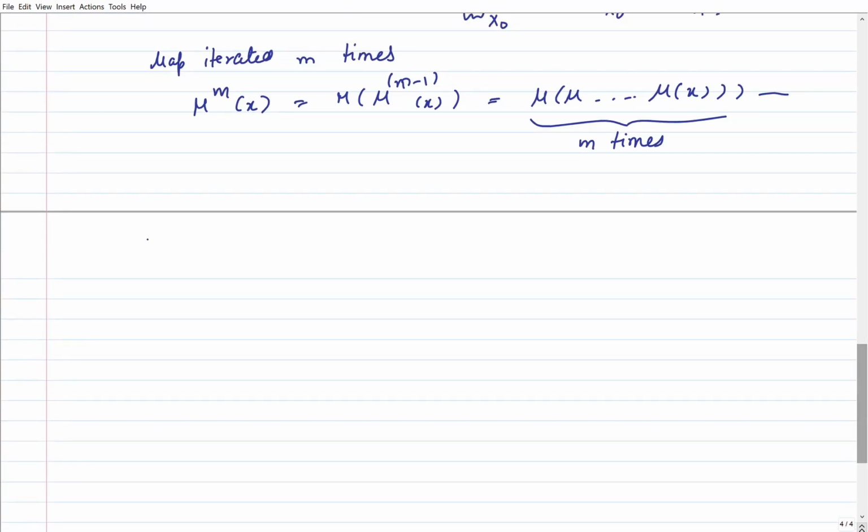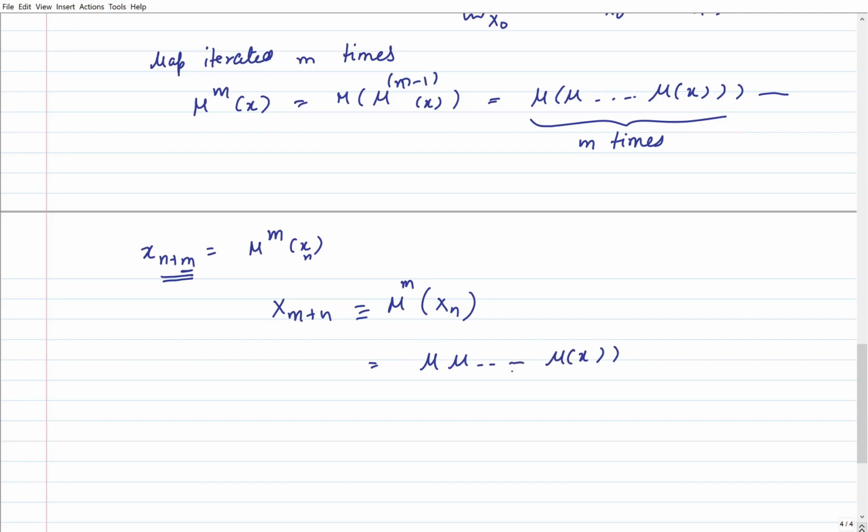So I have the iterate after m time steps given by the application of the map to an initial condition xn. So I have an xn, I iterate the map m times, I'll get this guy, which means basically the map is applied m times.